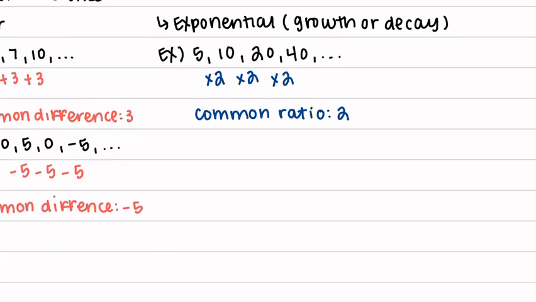All right, another example. I have the sequence of numbers 6, 3, 3/2, 3/4. So to get to each new number, what do we do?